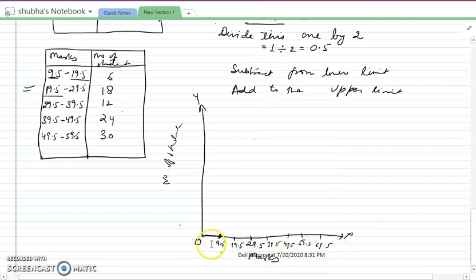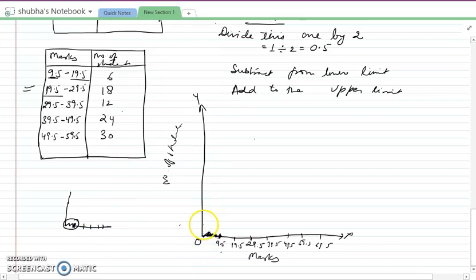So here our first difference is smaller, and that is why we will make a kink here. Mind it, we will make a kink. The line becomes like this. This is a kink. A kink shows that our first scale is short and the others are large. The first one is small and the others are big.